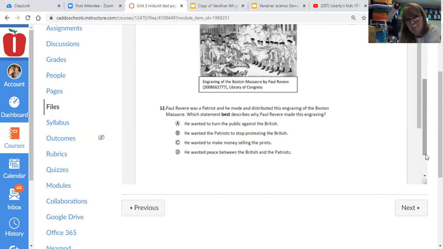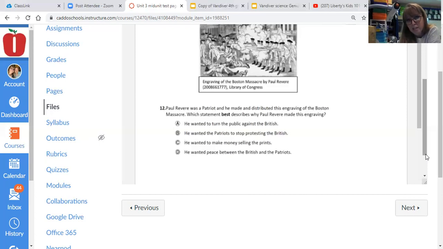That picture makes it look like a lot more than 5 people were falling down dead. And I had you think about why Paul Revere's image would look like more than 5 people were falling.